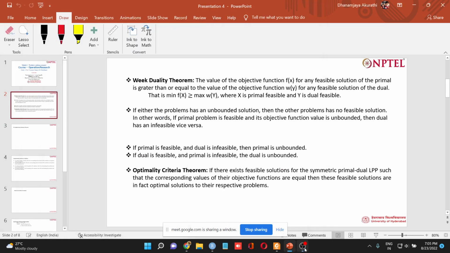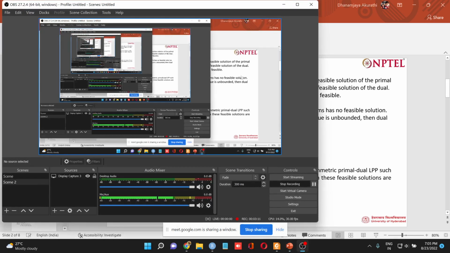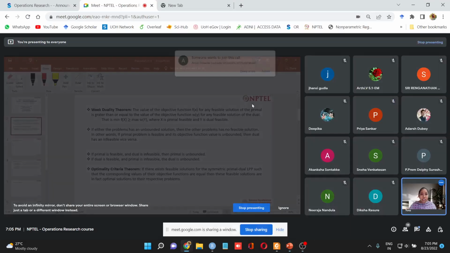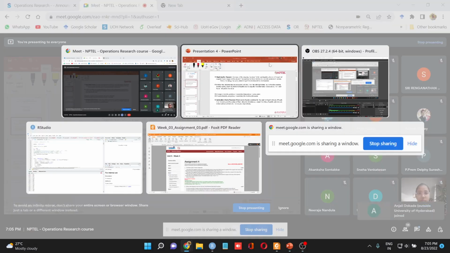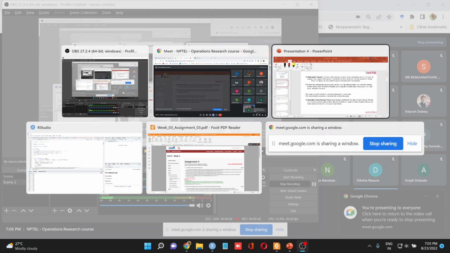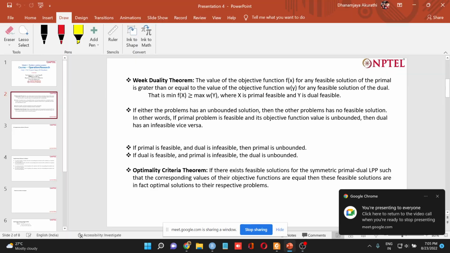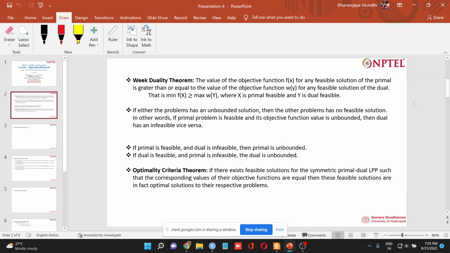Here you can see what the weak duality theorem states.